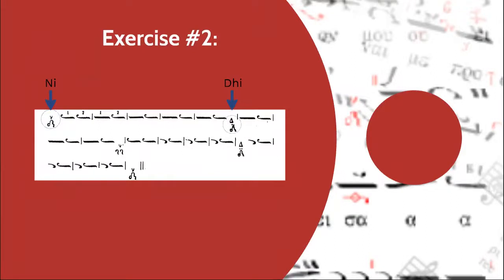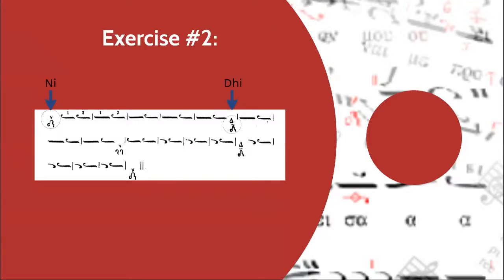Let's try another. Remember to pause the video to try it yourself, then we'll do it together. Ni, ni, pa, pa, vu, vu, ga, ga, di, ke, zo, ni, zo, ke, di, ga, vu, pa, ni.